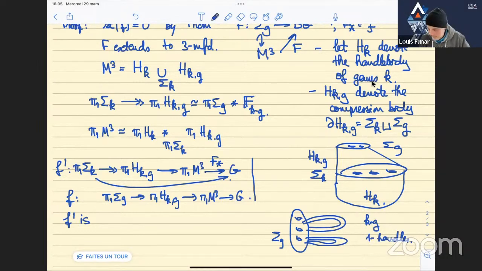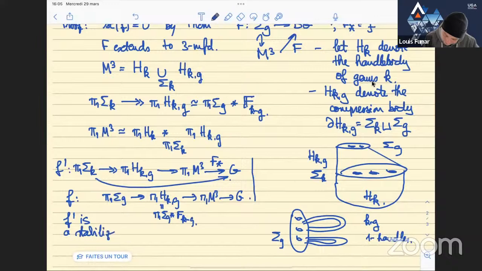And here, as I said, this is pi 1 of sigma G product F_{K minus G}. And you can see them both up here in one or the other of the lines. F prime is a stabilization of F by K minus G elementary stabilizations.